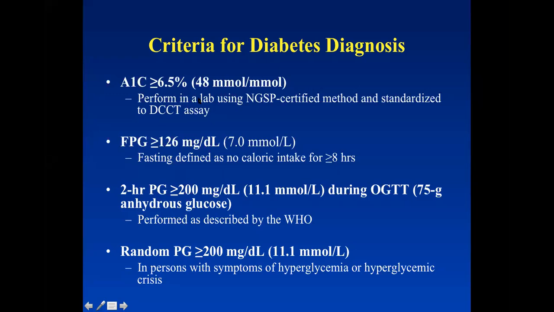If the HbA1c level is more than 6.5, that is suggestive of diabetes. Similarly, if the fasting plasma glucose is more than 126 milligrams per deciliter, or in SI units more than 7 millimoles per liter, that is again diagnostic of diabetes.